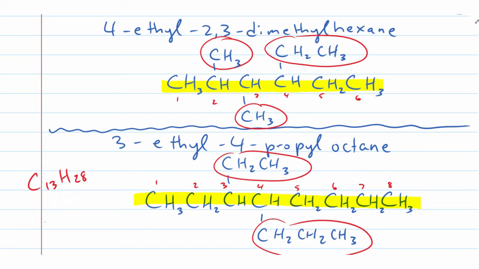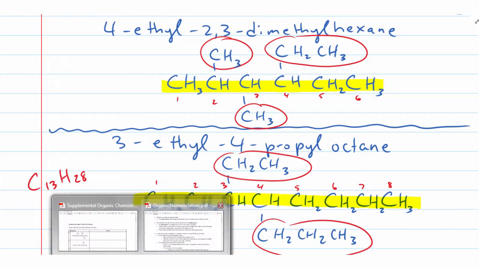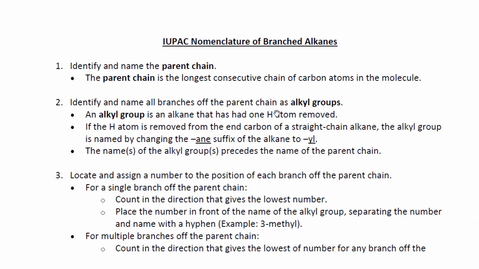Andrew? Where's the propyl at on the sheet? Okay, that's not on there. And the reason why that's not on there is because alkyl groups are named from the alkane. Well, I guess it is kind of on there. It comes right up here. An alkyl group is an alkane that has had 1 hydrogen removed. And so that's a 3-carbon group, and a 3-carbon group has a prefix of prop.